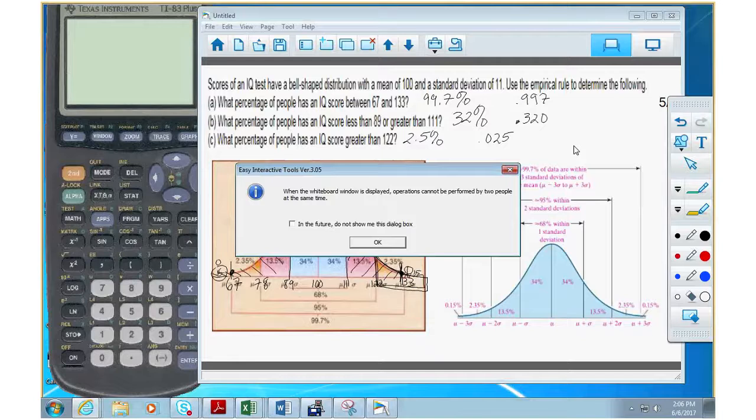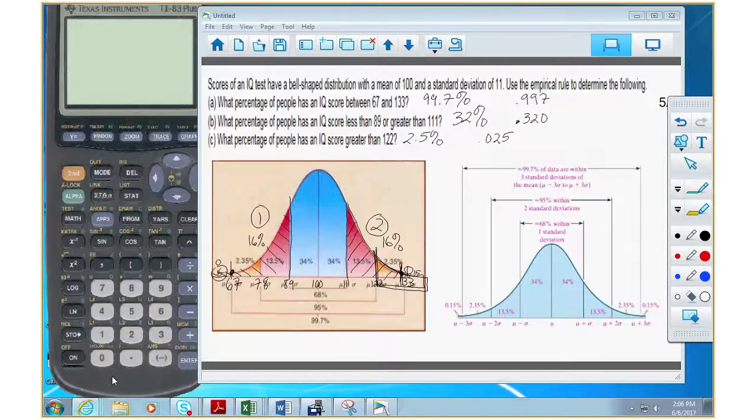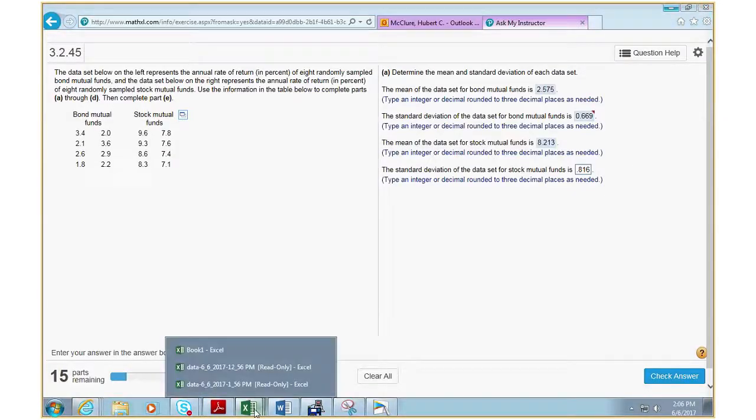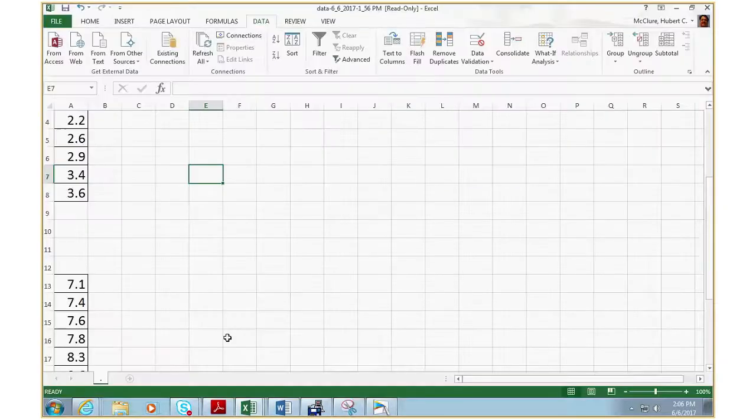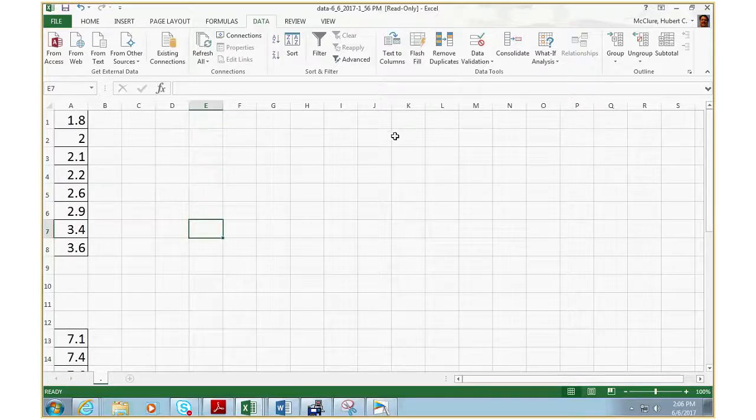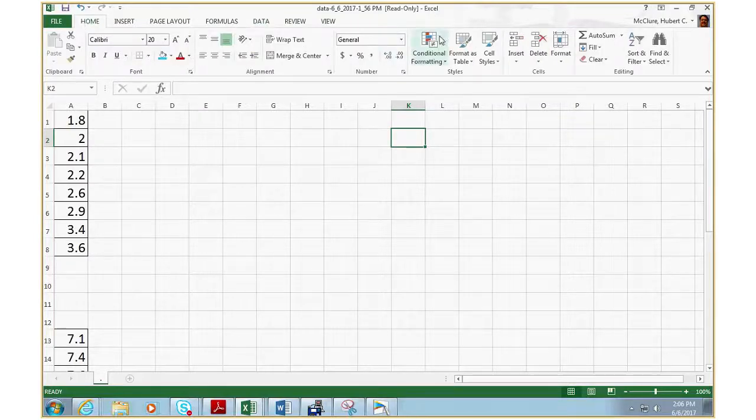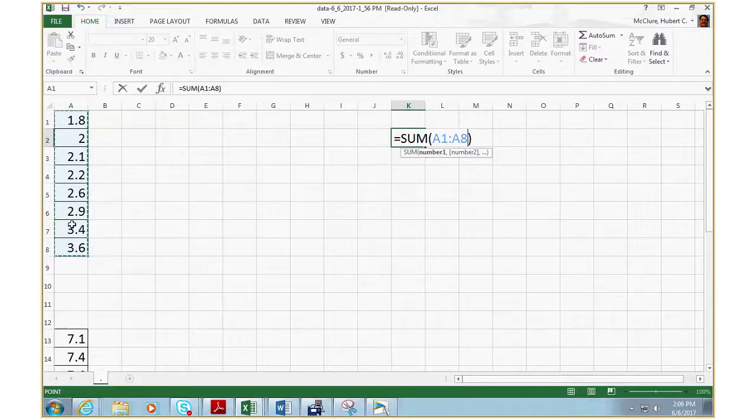I can't find the problem we were working. There we go. All right, so I'm gonna go out here and find the mean for y'all, so y'all can see if you're at least on the right track. 1, 2, 3, 4, 5, 6, 7, 8.